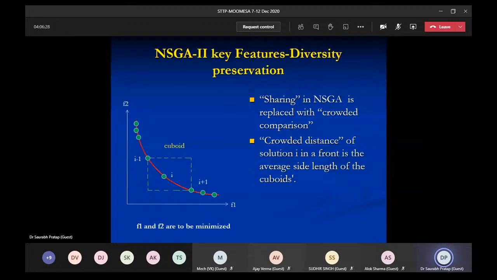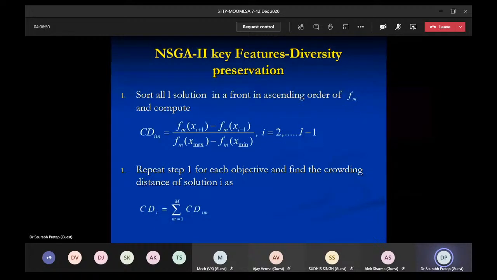Now if you are solving a problem and you get a Pareto optimal solution like this one, on the basis of crowding distance we have to identify which solution is giving the better result. So we have to use this formula. This one is the crowding distance formula, and by using this function we can determine the number of solutions in the population that are giving the best solution.